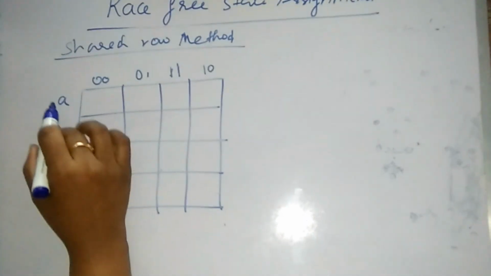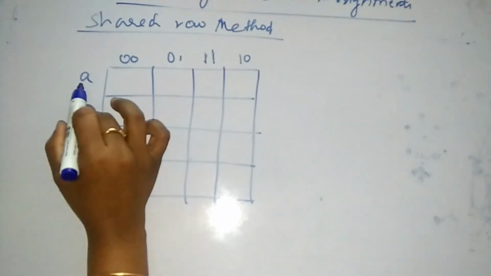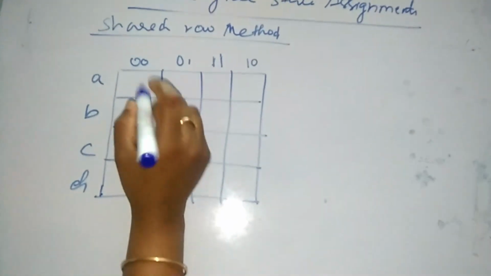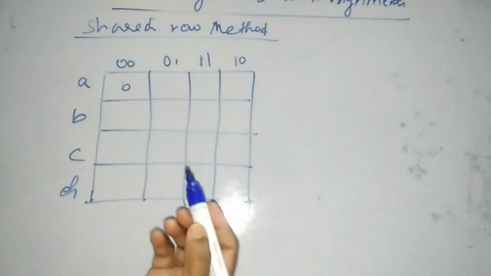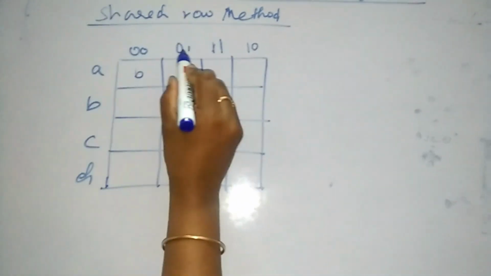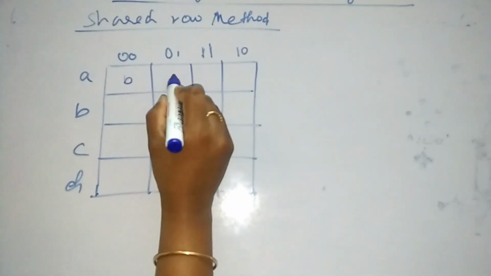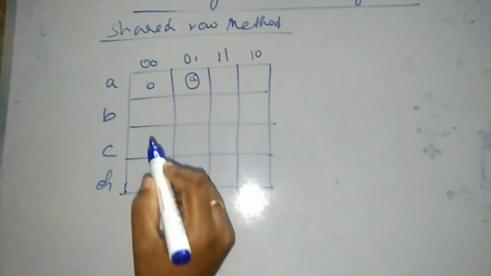I am considering state A: when the input is 0 0, it is going to the state B. I'm just considering an example. All this we have already discussed in the sequential circuits, right? State A, when the input is 0 1, is going to the same state. So I'll say this is a stable state and encircle it.